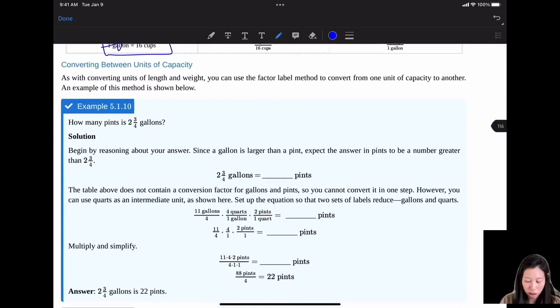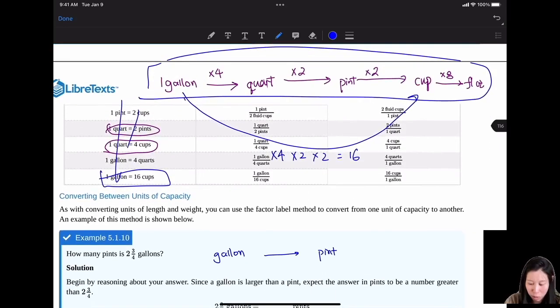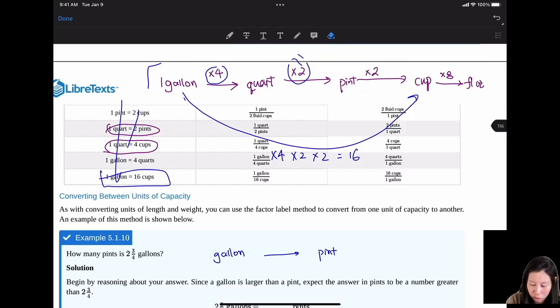So now let's do this one. How many pints is a gallon? So from gallon to pint is a large unit to a smaller unit. Now look at the chain. From gallon to pint, we need to times 4 and then times 2, right? Let me erase some of these.